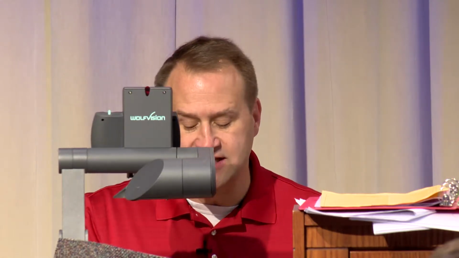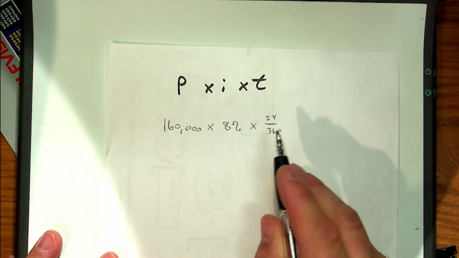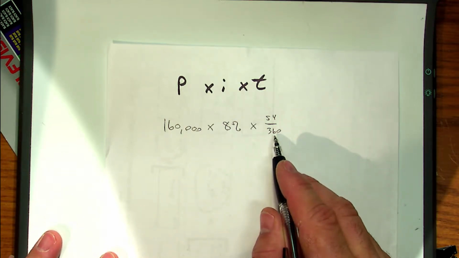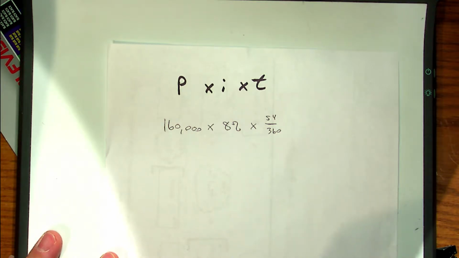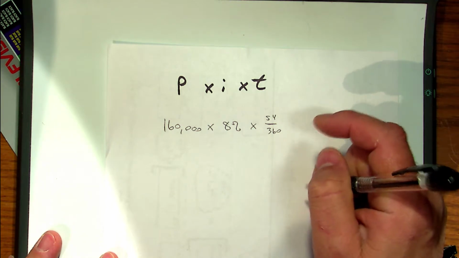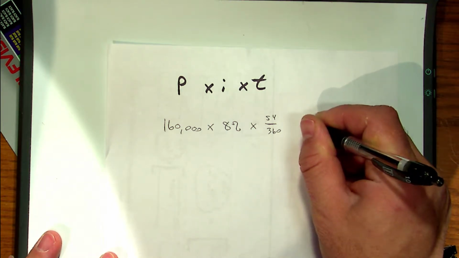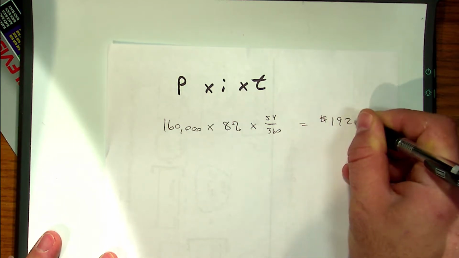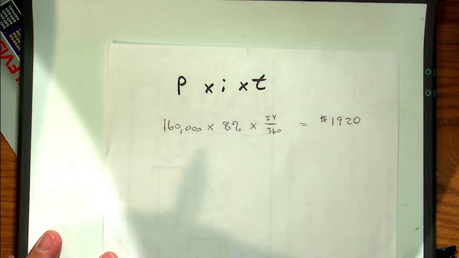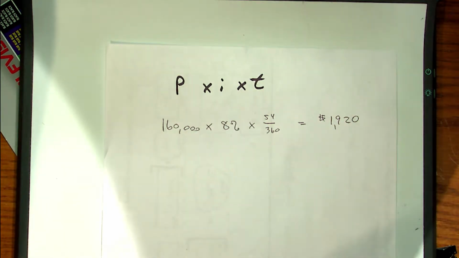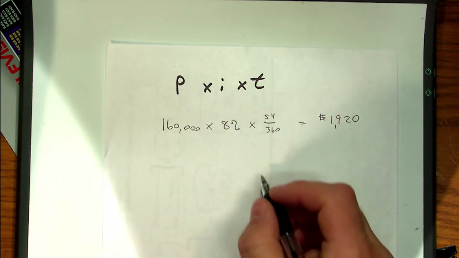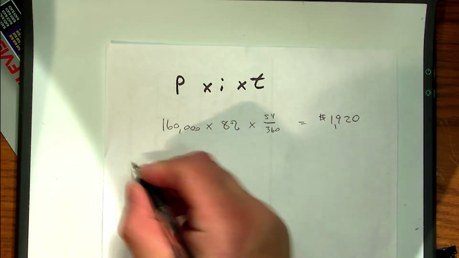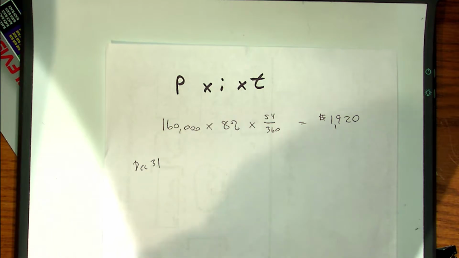But if you take 160,000 times 8% times 54 over 360, what do you get? 1920. Correct? Okay. So that is the amount of interest we have to accrue on December 31st, correct?